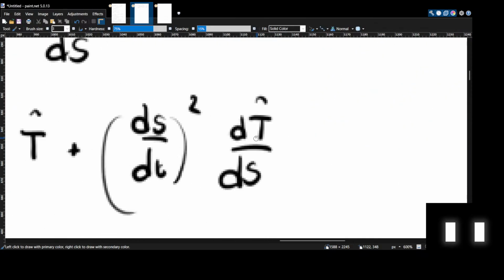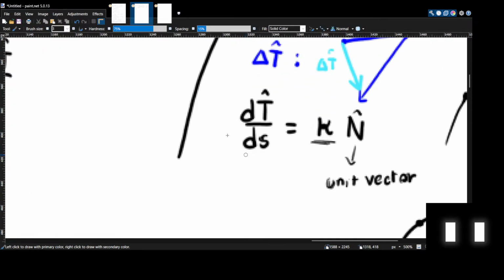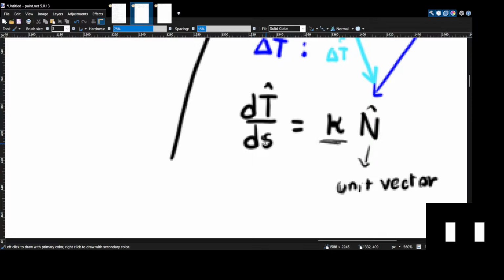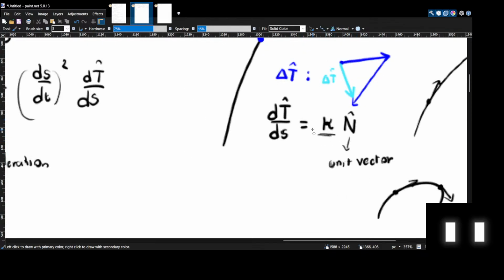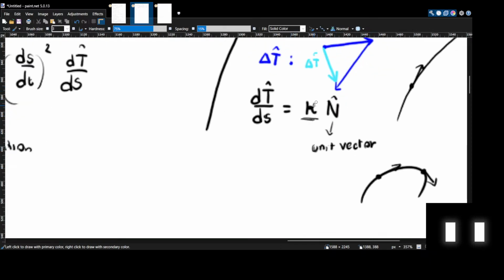Now the next thing we know is that t hat here, once you take the derivative with respect to s, with respect to the arc length, we're going to get kappa times the unit vector, the curvature of that thing.